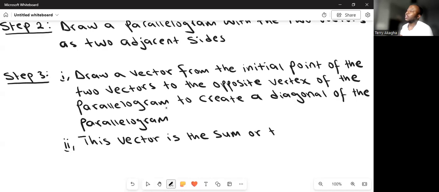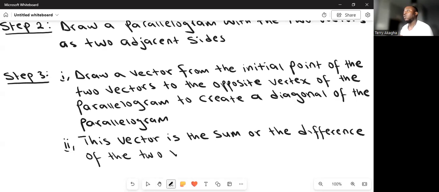So if you're adding, that resultant is the sum. If you are subtracting, it's going to be the difference of the two vectors. All right, so that is it. So those are the 3 steps of adding or subtracting.